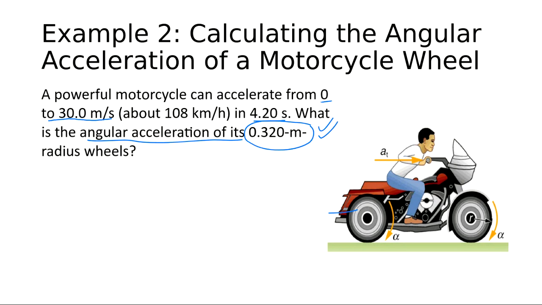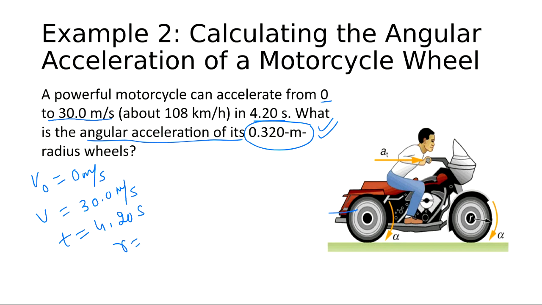The units are meters per second, so surely this is not angular velocity that is given. We have been given v naught as 0 meters per second, and v as 30 meters per second. Time is given as 4.20 seconds, and the radius of the wheel is also given.